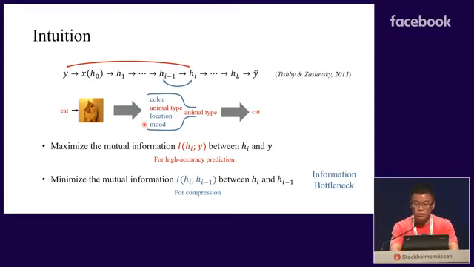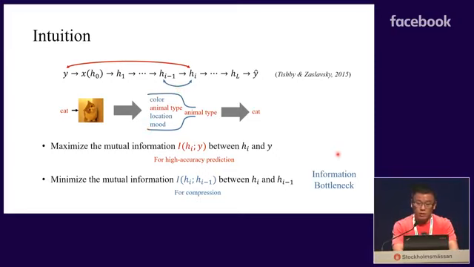So our intuition to compress a network is that in each layer, we want to maximize the mutual information I(Hi; Y), the mutual information between the hidden layer and its label information, and simultaneously minimize the mutual information between Hi and its previous layer. This means we only want to extract useful information, but no redundant information like color, location and mood.